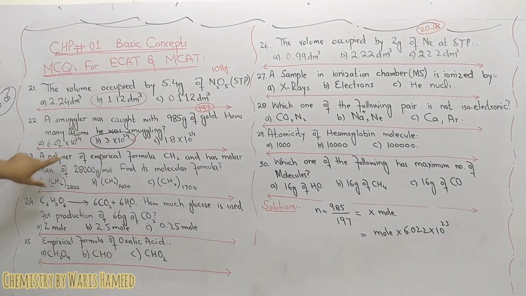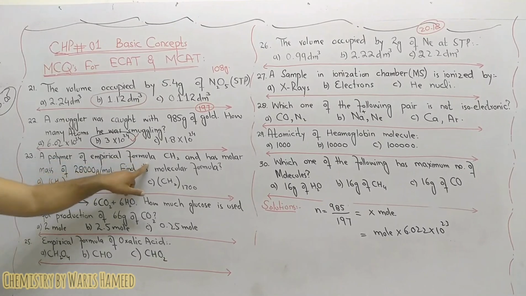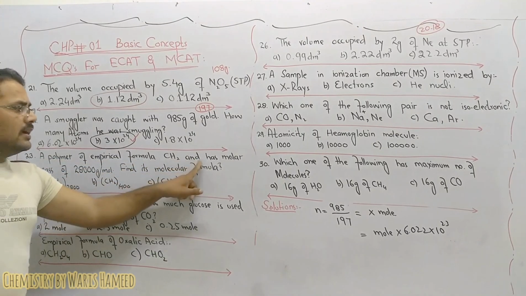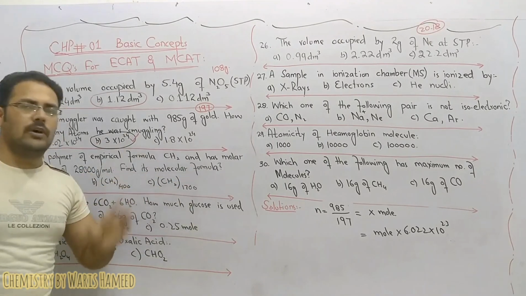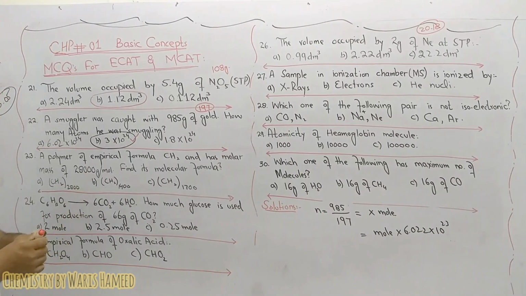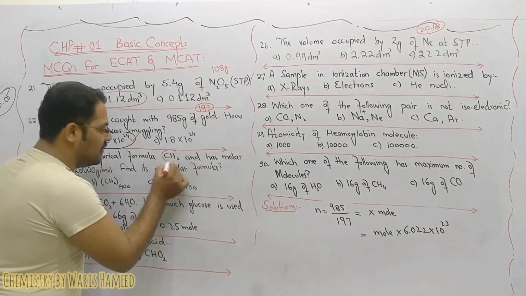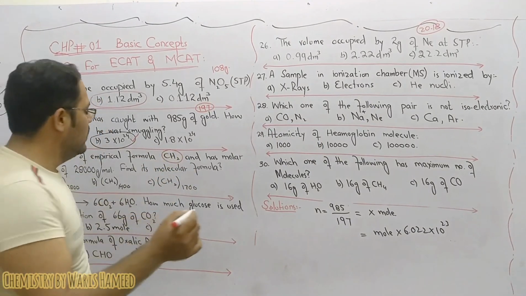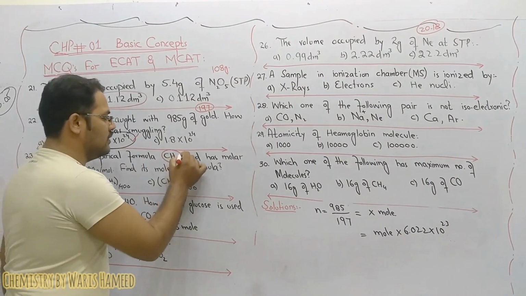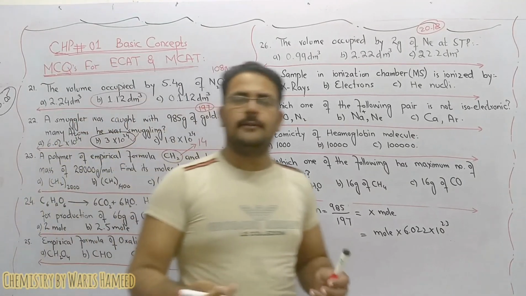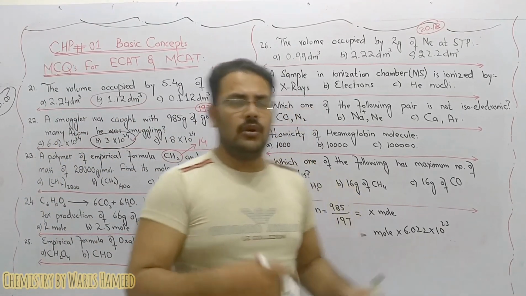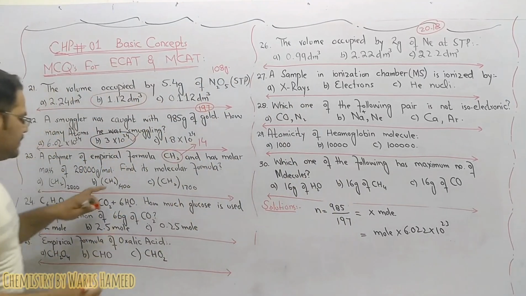Third MCQ: a polymer of empirical formula CH2 has molar mass of 28,000. Find its molecular formula. First of all, find the molar mass of a single unit CH2, and its molar mass is almost 14. Carbon has 12 and hydrogen has 1, so total is 14.